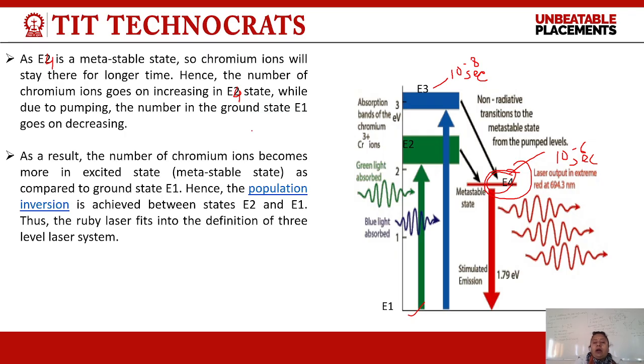In this way, our most important condition for producing the laser is generated, which is known as population inversion. Okay, so the population inversion is generated between E4 and E1.